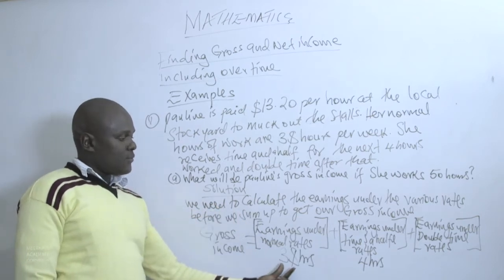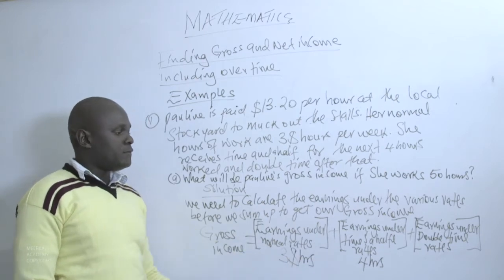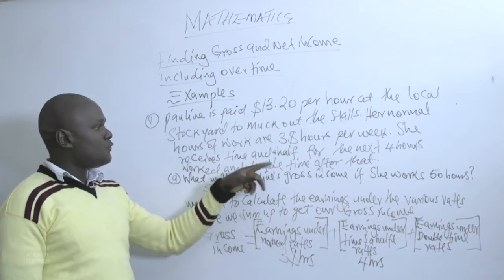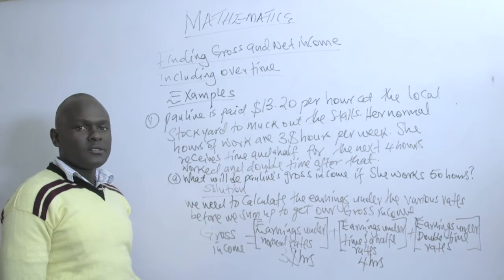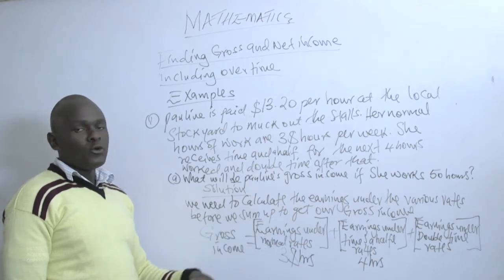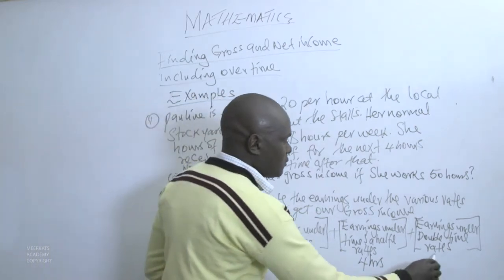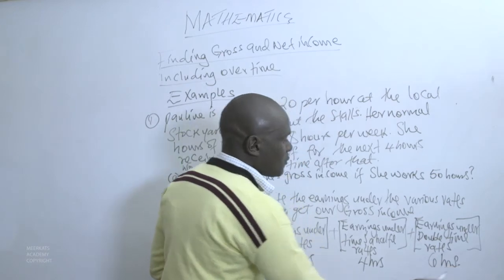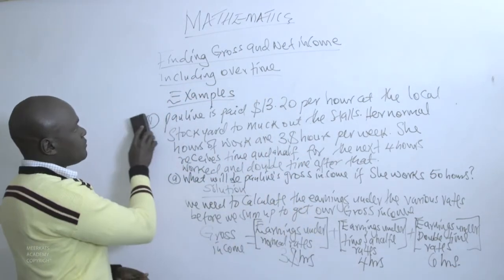When we add 38 and 4, we get 42. So out of the total 50 hours that she did work in that week, those hours that will be affected by the double rates will be only 6 hours.